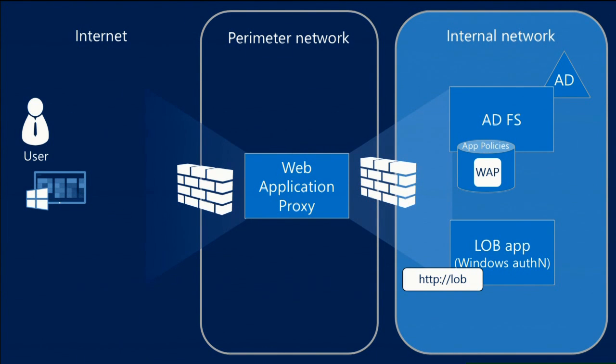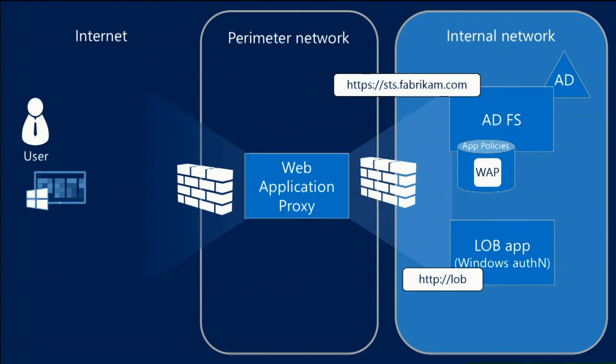So let's think about a back-end line of business application, something like SharePoint, for example, that's configured for Kerberos, and it's published internally over pure HTTP, WAC LOB. And then we also have ADFS there, with WAP, the Web Application Proxy, configured directly to it. That's part of the setup of the environment. You have a relying party within ADFS for Web Application Proxy. And further in the back end, we have Active Directory and the firewalls.